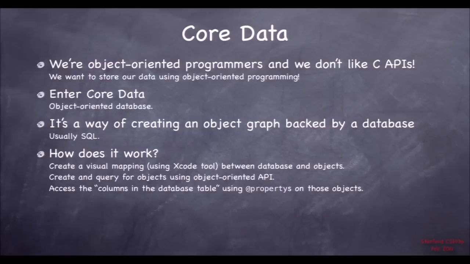Once you have this visual mapping created in Xcode, you can create new objects, put them in the database, delete objects, and query for objects in the database, which is really the power of having a SQL database behind it. Then you access the data inside the objects, eventually just with properties. You're just going to have these @property declarations, and that gets the data off of the objects in the database. Core Data manages all the communication behind the scenes, so all you're really seeing is the object-oriented side of it after you've created this visual mapping.